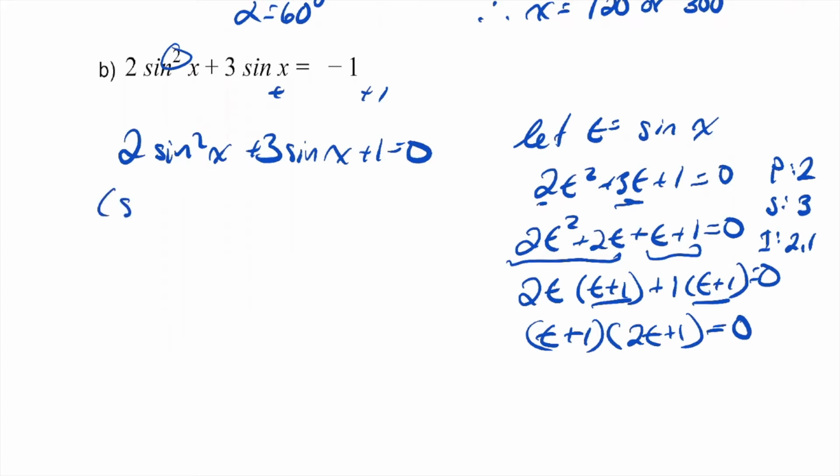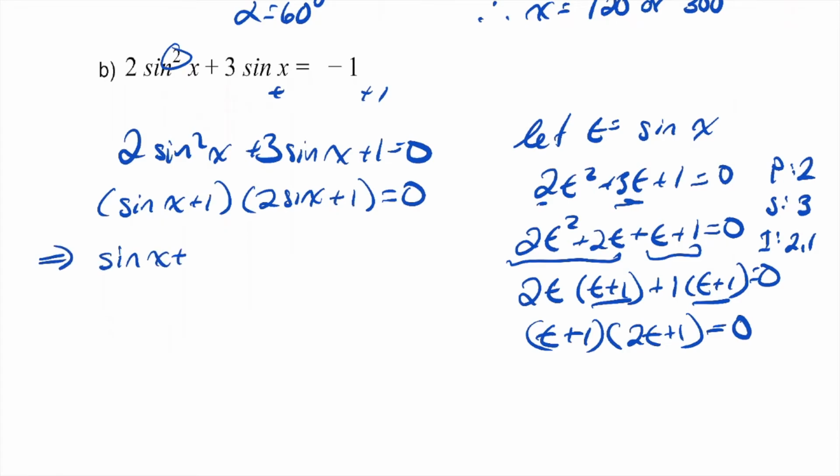So in this case, I can get sine of x plus 1 times 2 sine of x plus 1 is equal to 0. Because now we have it factored, we could say that sine of x plus 1 is equal to 0, or 2 sine of x plus 1 is equal to 0.